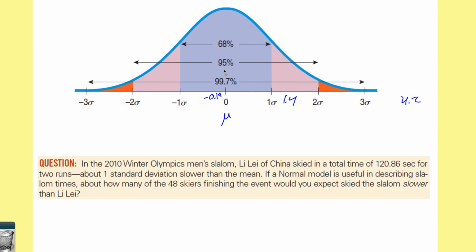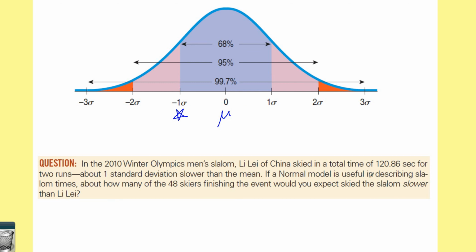For this example, here we have the Winter Olympics, a total time of 120.86 seconds for 2 runs, about 1 standard deviation slower than the mean. So they're here, and this is again our mean.